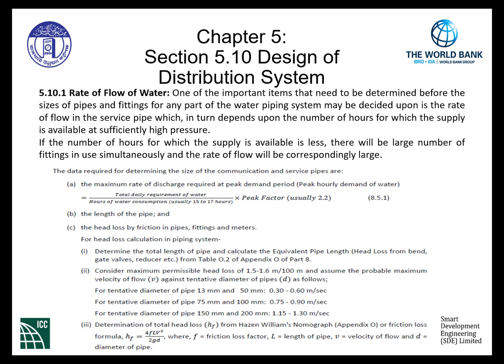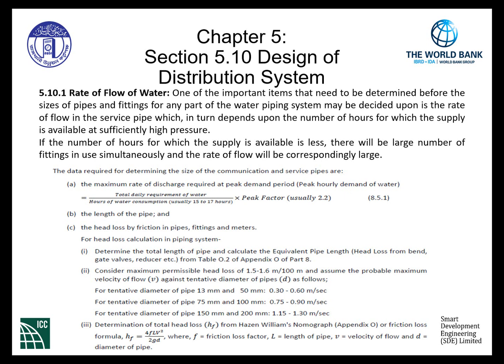For a tentative diameter of pipe ranging from 75 millimeters to 100 millimeters, the velocity is given at 0.75 to 0.9 meters per second. And finally, for tentative diameter of pipe between 150 millimeters and 200 millimeters, we have a velocity range between 1.15 and 1.3 meters per second.